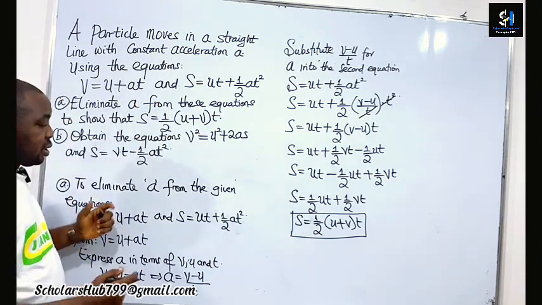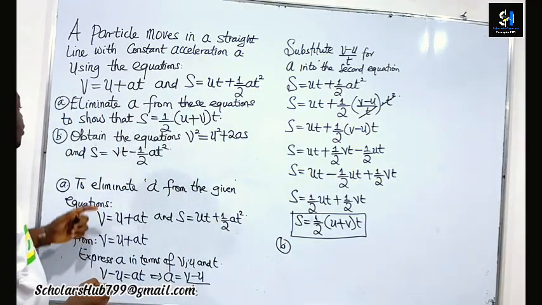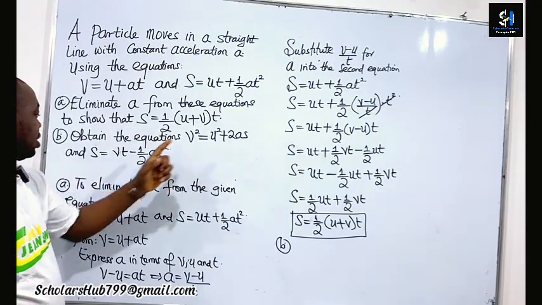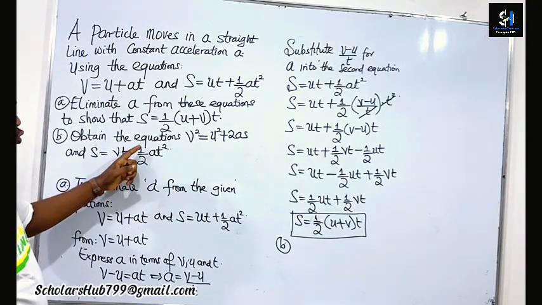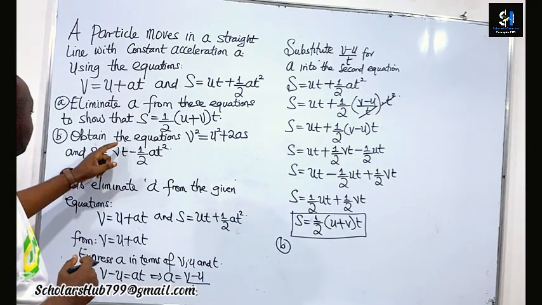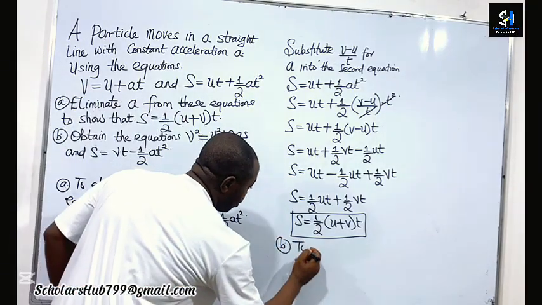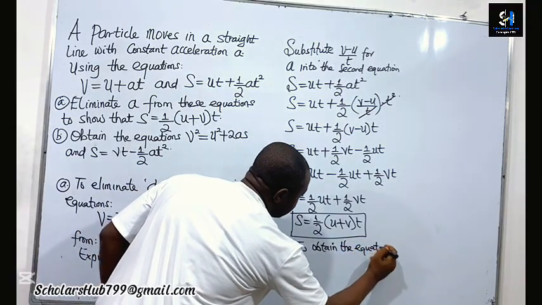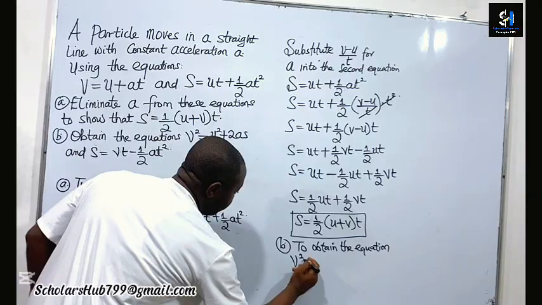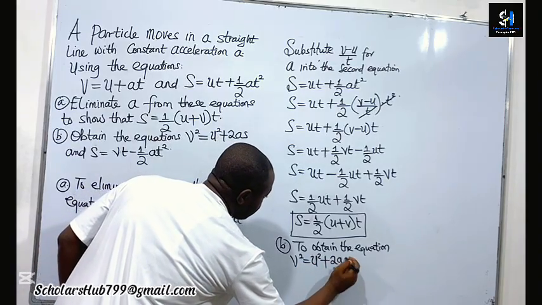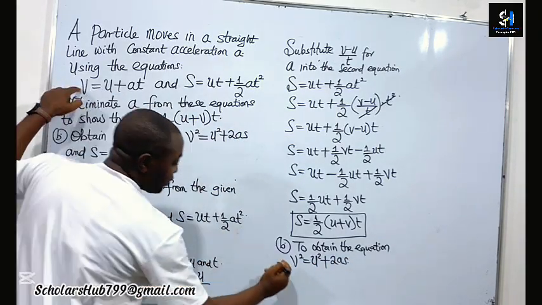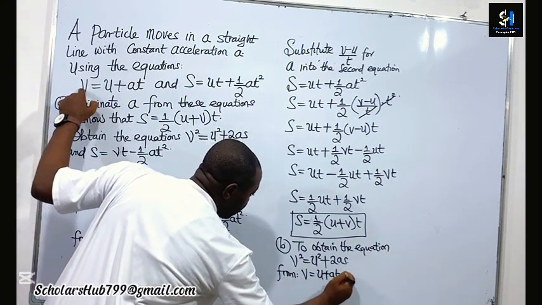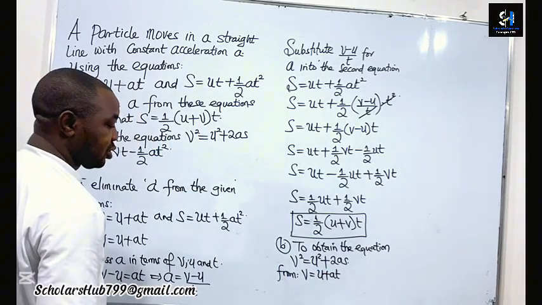Now the second question is for us to obtain the equations v squared equals u squared plus 2as and s equals vt minus 1/2 of at squared. So to obtain the equation v squared equals u squared plus 2as, from v equals u plus at, I'm now going to make t the subject of the formula.